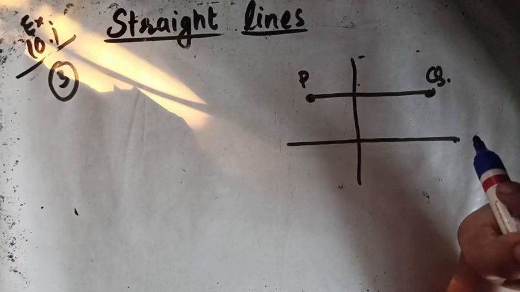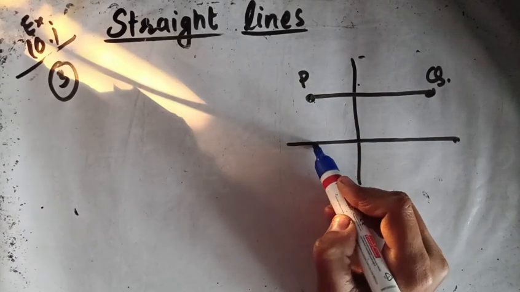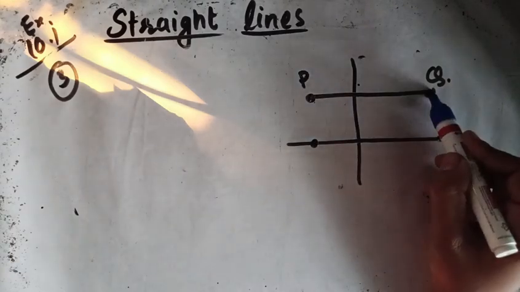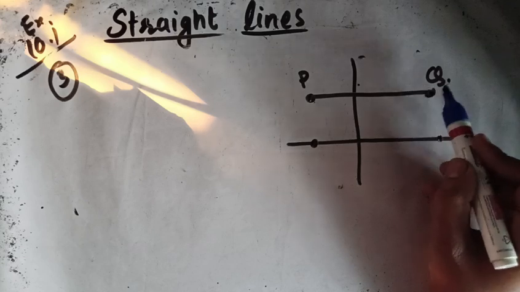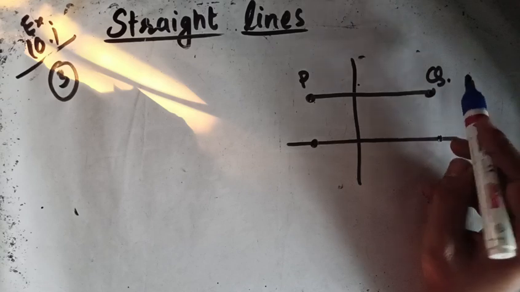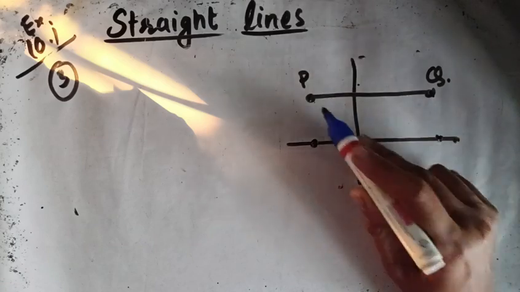Okay. So when this is parallel to the x-axis, this point is what? If you are taking it to be on the x-axis, right, these points are similar.